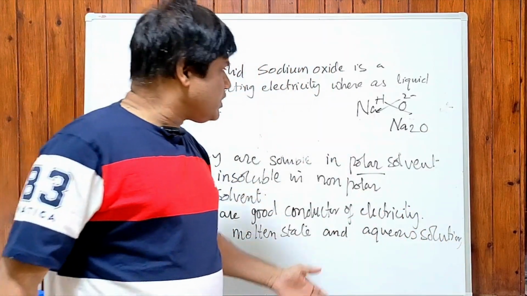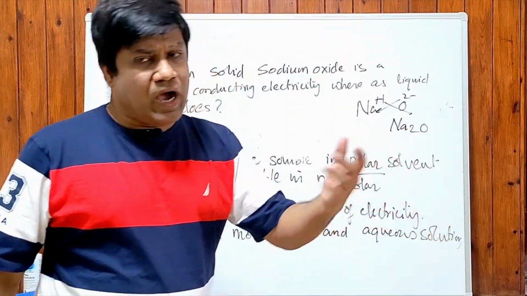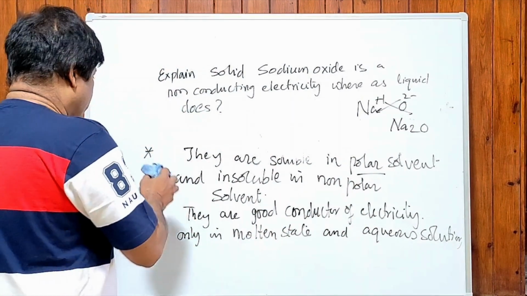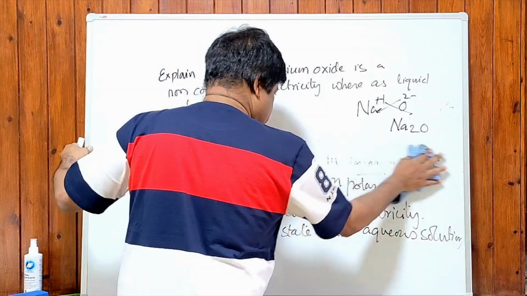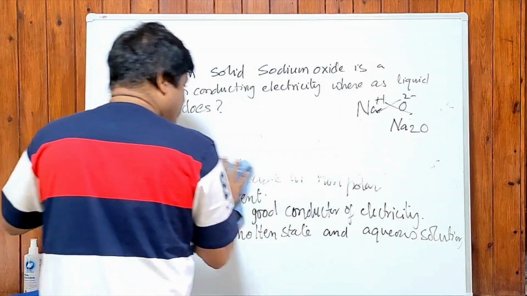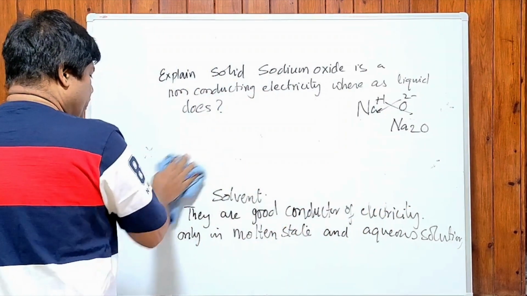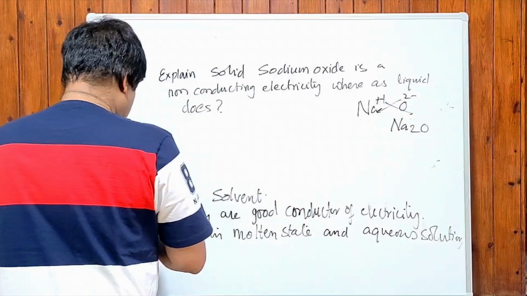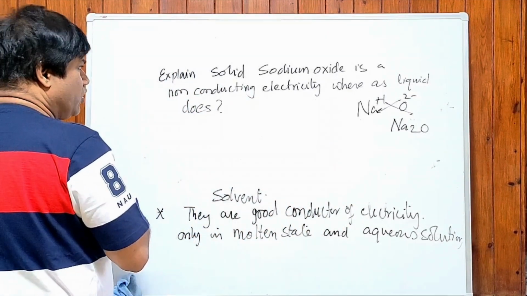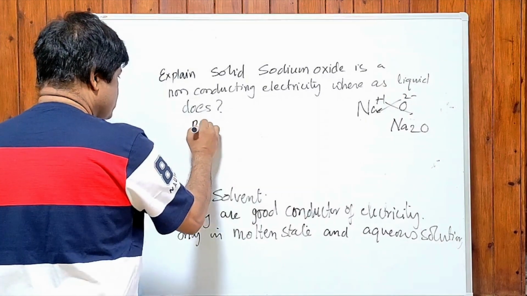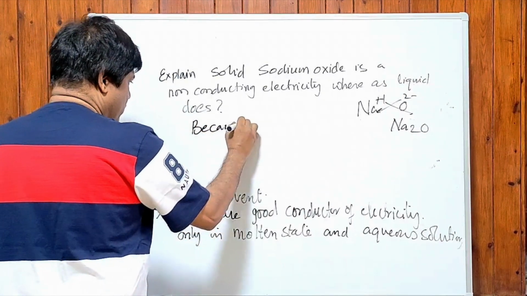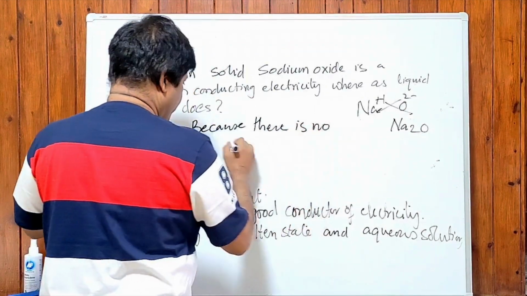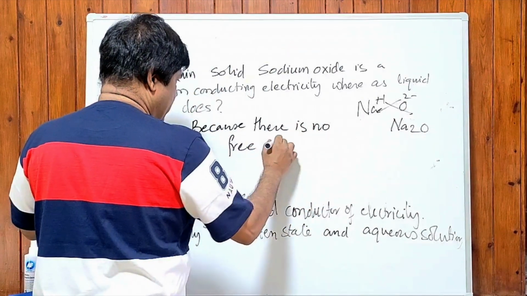So what's the answer? No free ions. All the ions are compact, so there will be no movement of ions. Solid sodium oxide does not conduct electricity because there are no free ions.